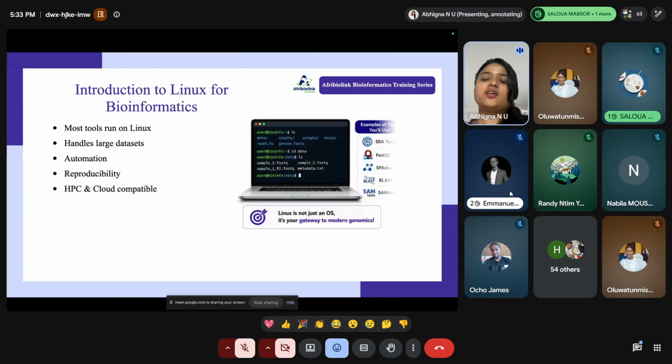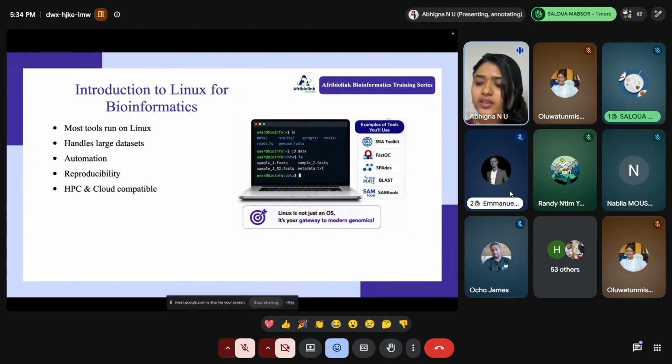So why learn Linux for bioinformatics is what we learn in this slide. Because most of the tools run over Linux, and Linux handles large datasets better than Windows, and Linux provides the interface to actually maintain everything in a system, and there are many tools available for Linux as well.